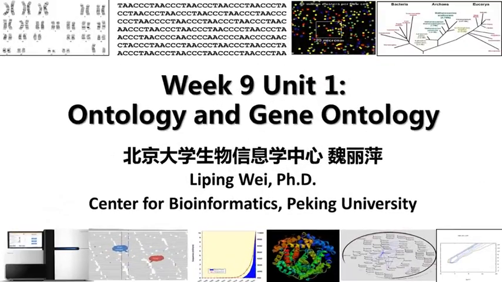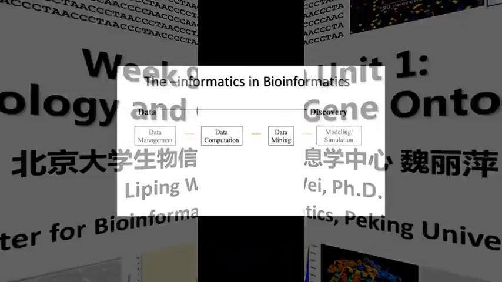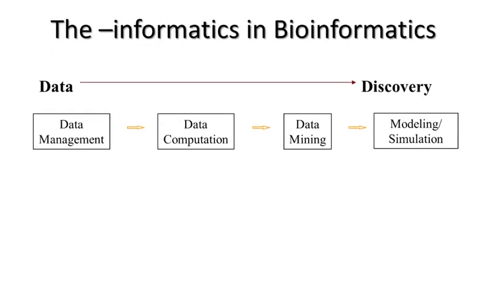In Unit 1, let's look at ontology and the gene ontology. You may still remember this slide, which I showed you in Week 1's lectures. The informatics in bioinformatics refers to the computer and computational technologies that we use to address biological questions. It follows the theme of from data to discovery.